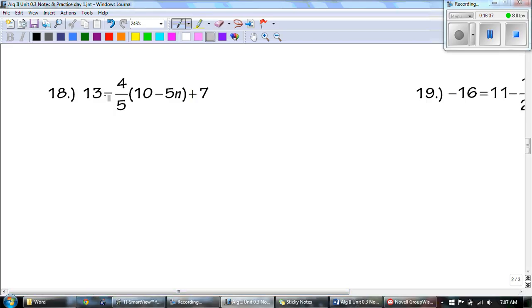All right, don't be scared when you are distributing a fraction, okay? Either use your calculator or do 4 times 10, which is 40. 40 divided by 5, which gives us 8. 4 times 5 is 20. 20 divided by 5 is 4.